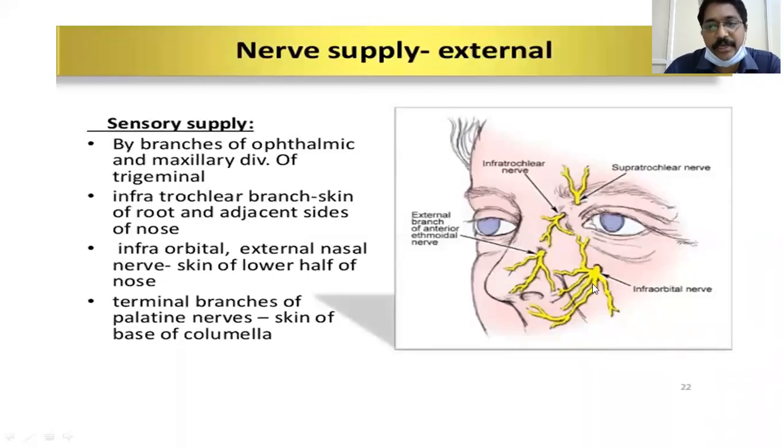This is the infraorbital nerve, the maxillary branch of the trigeminal nerve, which supplies the lower part. Even this external branch of the anterior ethmoidal nerve is also a branch of the ophthalmic nerve. The infratrochlear nerve supplies the upper part, and the infraorbital nerve and external branch of the anterior ethmoidal nerve supply the lower part of the external skin.